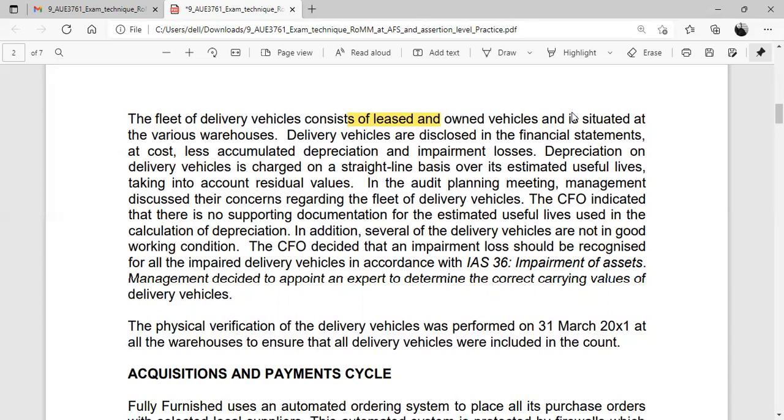Since some of the delivery vehicles have been leased, there's a risk that these leased delivery vehicles have been included in the statement of financial position. But which particular assertion would then be affected?